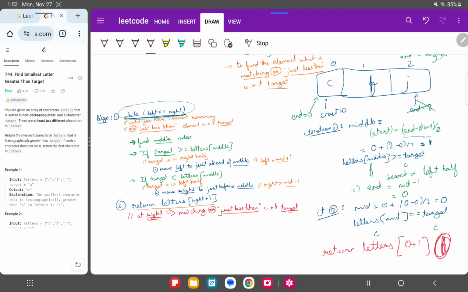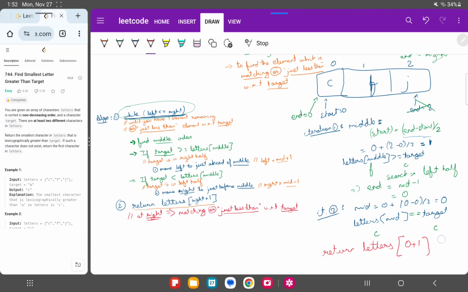Why do we return right plus 1? Because our aim is to output the smallest character that is greater than target. At the right index, we have found a matching character or just a less than element with respect to target. So therefore, the right plus 1 index must be the immediately greater character than the target.